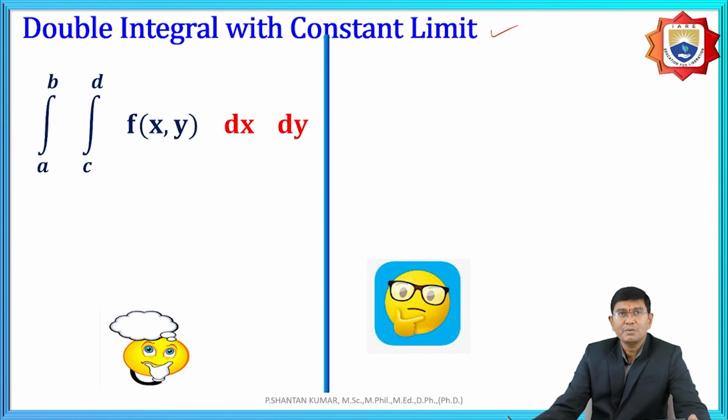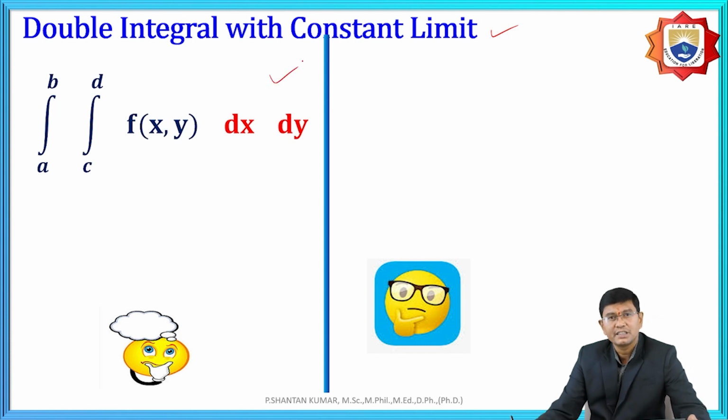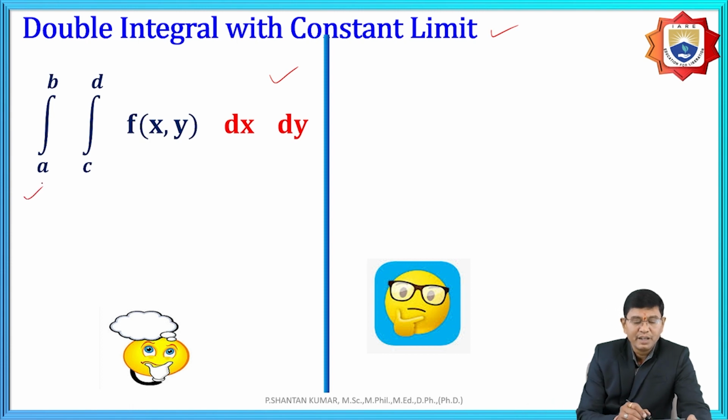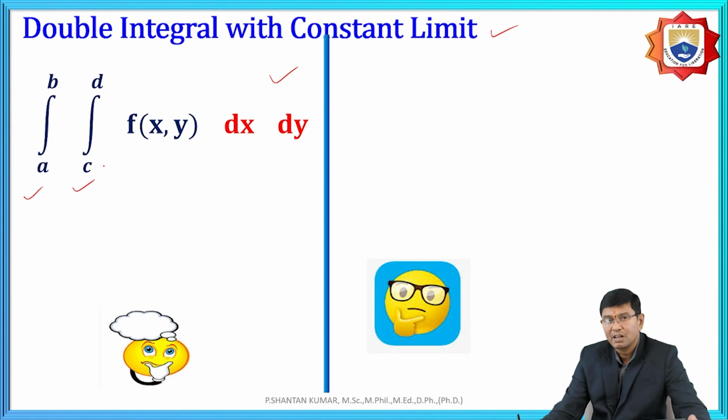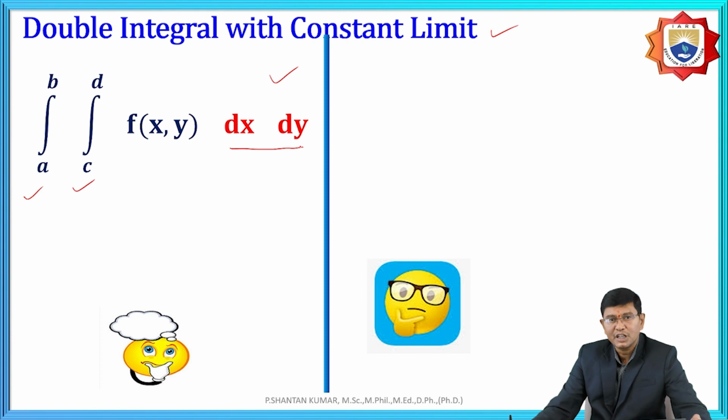For example, the limits of the two integrations are a to b and c to d, where f is a function involving x comma y, and we integrate with respect to dx and dy. Observing here, all the limits a comma b and c comma d are constants.